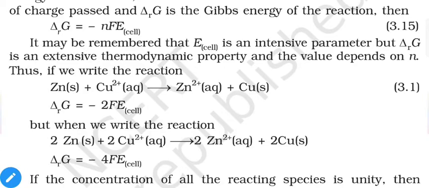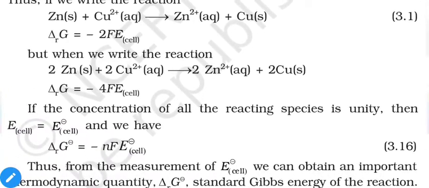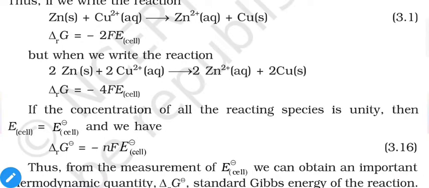As we can see, in the next equation we doubled the amount of the reactants, and obviously you will get double the amount of product. So 2 moles of zinc metal plus 2 moles of copper ion gives 2 moles of zinc ion and 2 moles of copper metal. In this case, the value of E remains the same, you don't have to multiply it by 2, whereas delta G on the right hand side equation is multiplied by 2. Now instead of 2 we have 4, which means 4 electrons will transfer during the reaction.